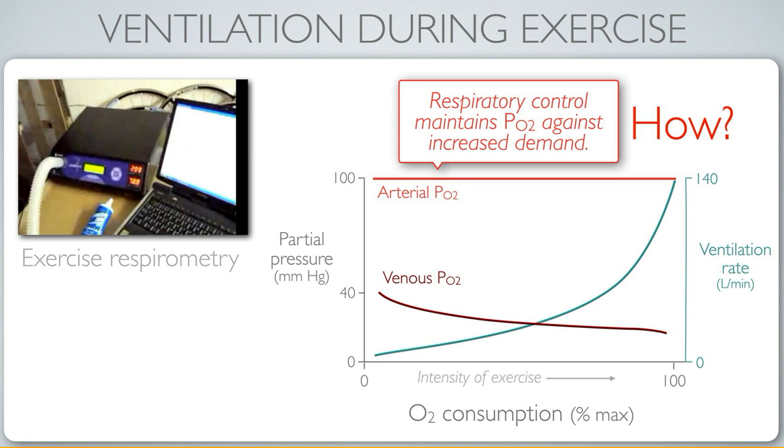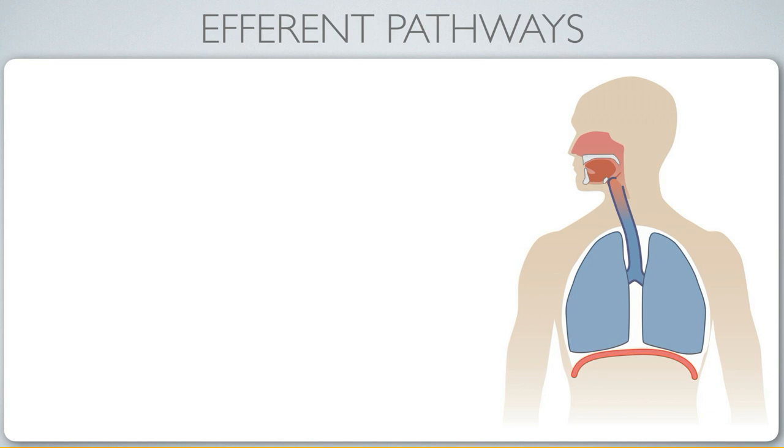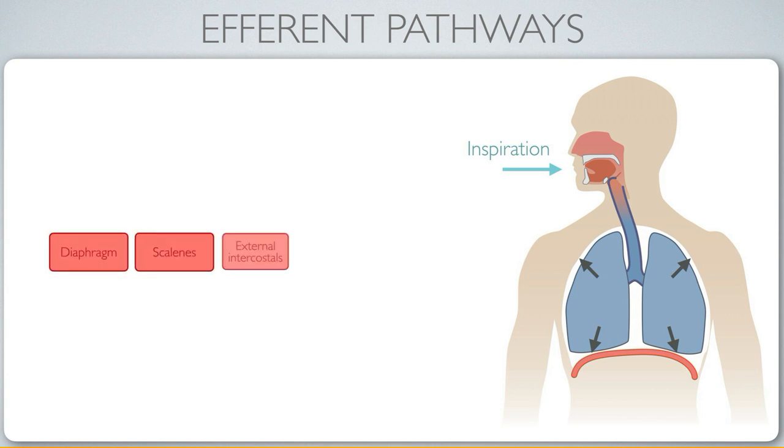Now, for the control system, we've already talked about a lot of the pieces on the efferent side of things. That includes the skeletal muscles that drive ventilation. So we have, for inspiration, where the goal is to increase the volume of the thoracic cavity, the diaphragm muscle that provides a floor for the thoracic cavity contracts, and we have both the external intercostal and the scalene muscles expand the volume of the rib cage, or the volume within the rib cage.